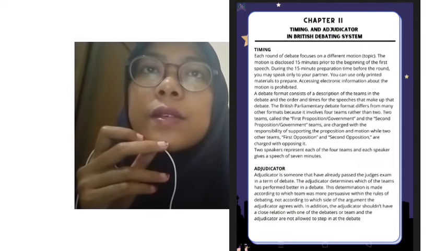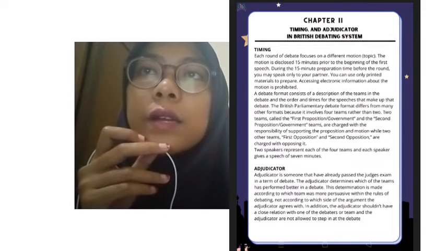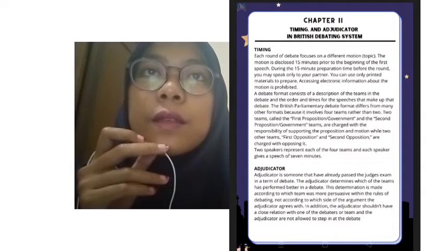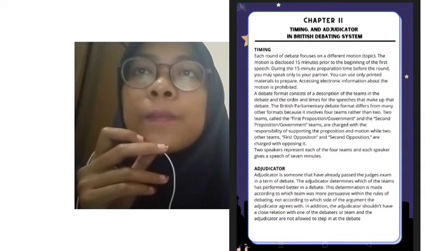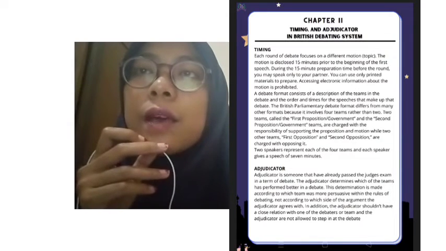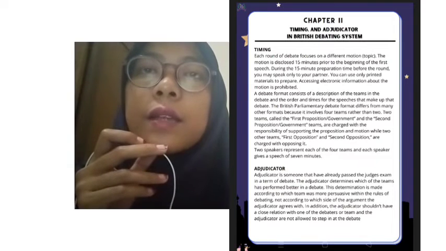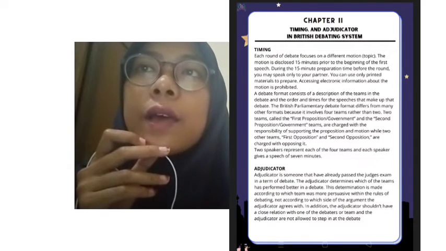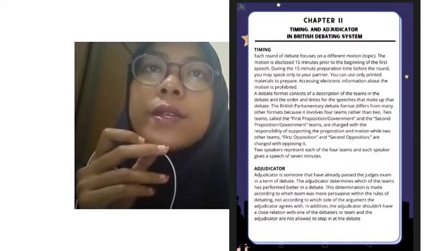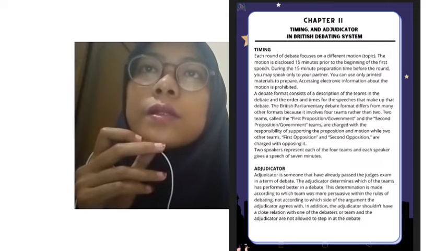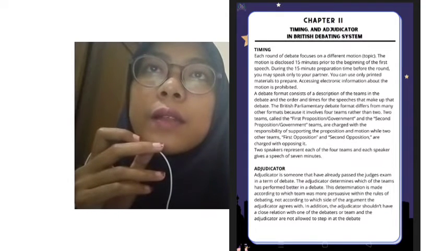This determination is made according to which team was more persuasive within the rules of debate, not according to which side of the argument the adjudicator agrees with. In addition, the adjudicator shouldn't have a close relation with one of the debaters or teams, and the adjudicators are not allowed to step in during the debate.